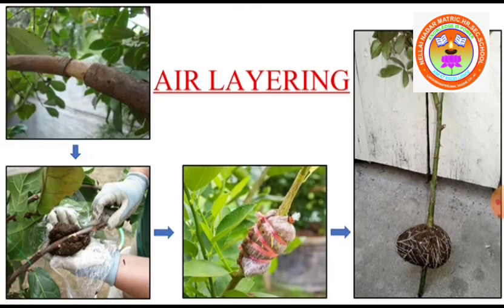This portion is covered with damp or moist soil using a polythene sheet. You can see the person holding a polythene sheet in which damp soil is there. The roots emerge after 2 to 4 months. These branches are removed from the parent plant and grown into a separate individual plant in a pot or sometimes on the ground.